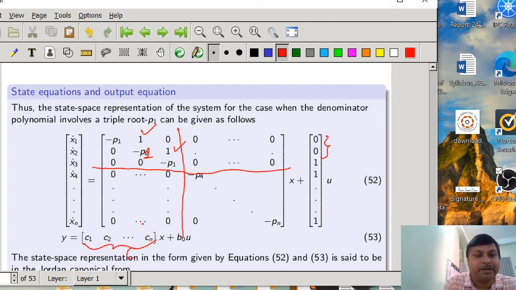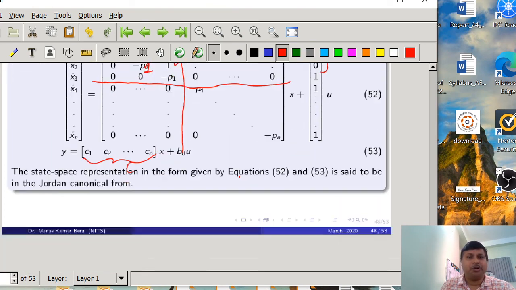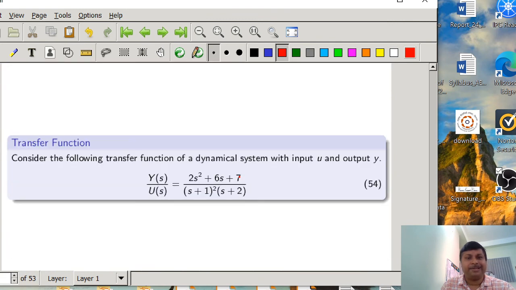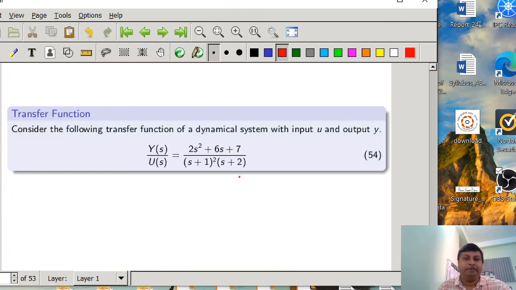So this is the C matrix. Now this representation is known as Jordan canonical form, where you can see that it is not purely a diagonal representation because repetitive roots are there, and due to that the structure of the A matrix will be like this. So this is the Jordan canonical form.